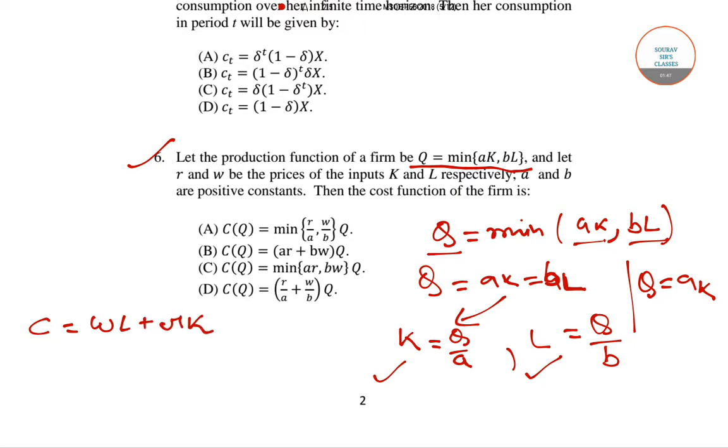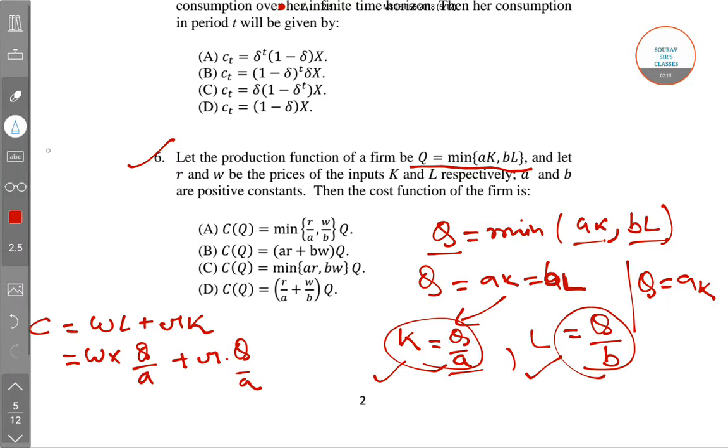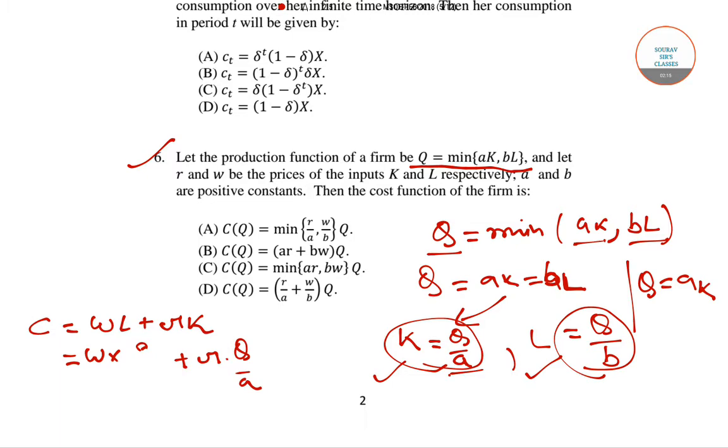W we do not know, but the value of K we have found to be Q by A, and R we do not know, and the value of L we have found to be Q by B. Sorry, I have made a mistake, so I'll rub it off. So it will be Q by B.